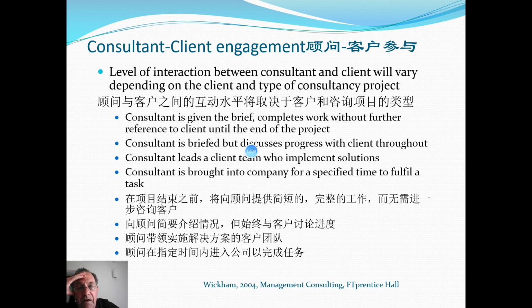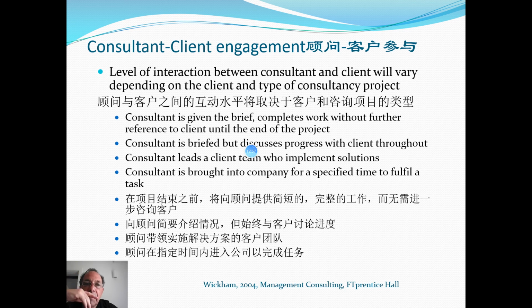None of our projects recently have actually moved towards the top end of that high level of engagement with the client, where you're working more or less as a member of the organisation for a specific time in order to fulfil a task. We have had projects like that in the past, but recently those types of projects have not been there.